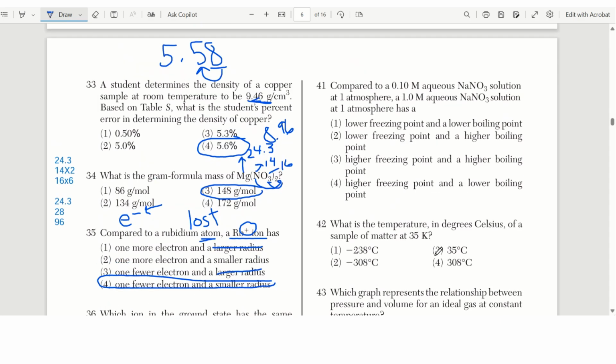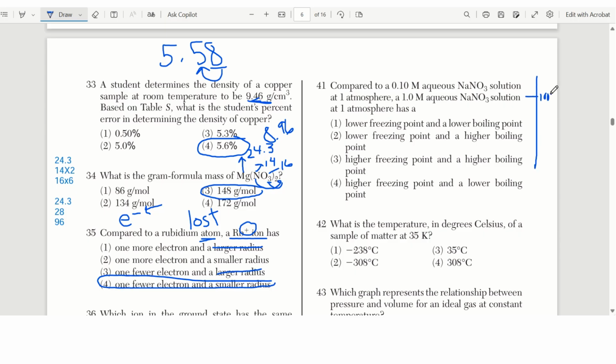Number 41. Compared to a 0.10 molar aqueous NaNO3 solution at 1 atmosphere, a 1.0 molar aqueous NaNO3 solution at 1 atmosphere has, well, look, we have lower and higher, and we have boiling point and freezing point. So remember, here is the thermometer.